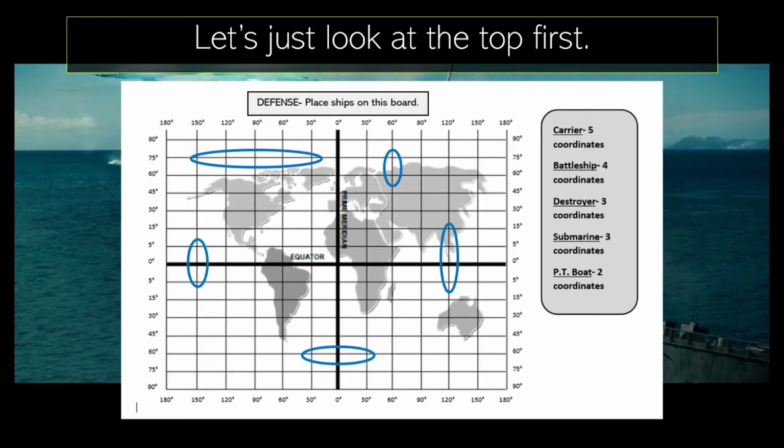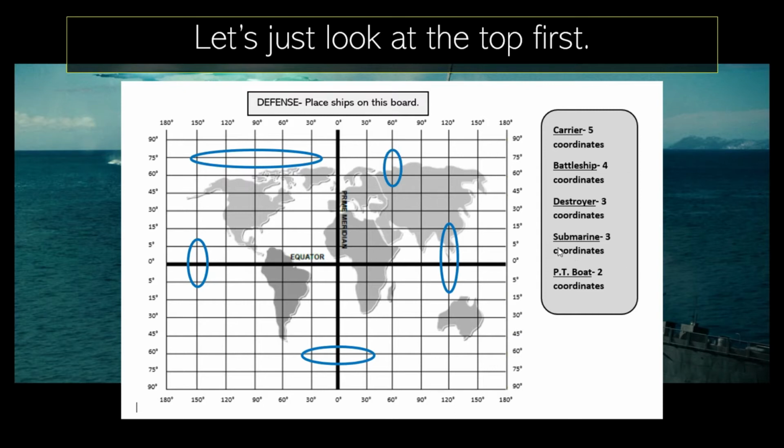Now, if you look at this, I have placed my ships, and something you might notice is that you can only place your ships on latitude lines or longitude lines. You can't go diagonal. So you can see this ship is covering 5 coordinates on the 75-degree north latitude line.